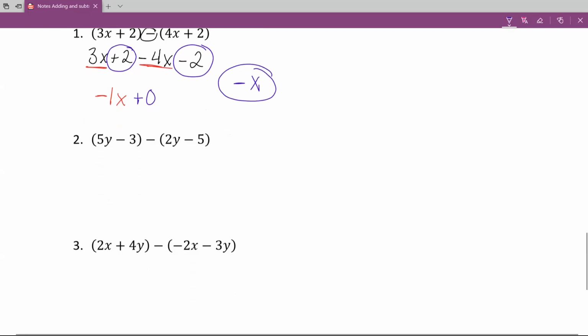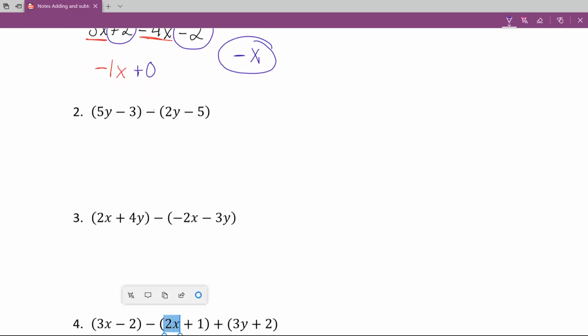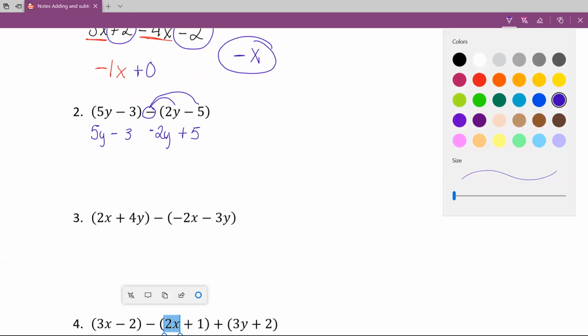Now what about our next example? I know I'm minusing, so I need to distribute my negative. So instead of a positive 2y, this is a negative 2y. And instead of a negative 5, I'm going to make this a positive 5. Because remember, a negative times a negative is a positive. And bring down your first polynomial. Now you can combine your like terms.